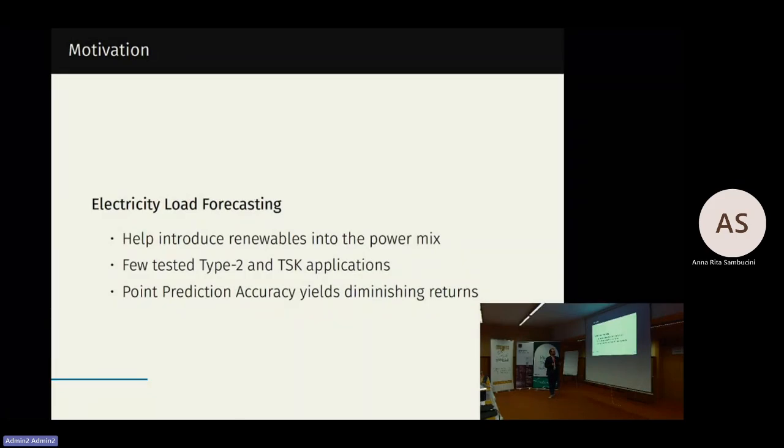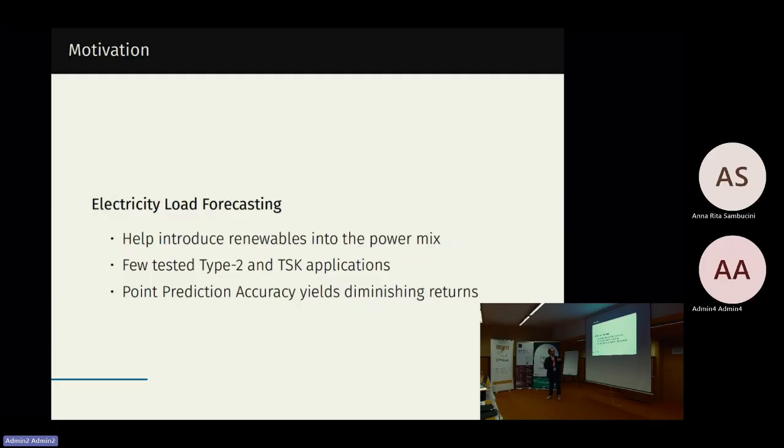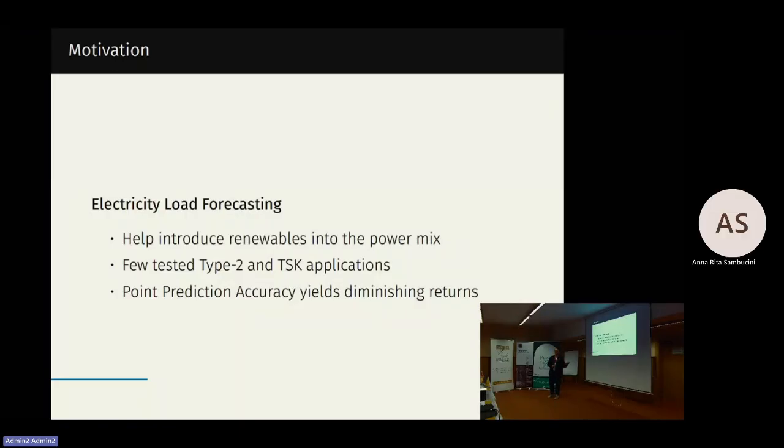We have seen that there are currently few applications of fuzzy data and TSK. So we thought it would be a good idea to explore the possibilities of this. And we want to go a little bit away from the pure point prediction accuracy paradigm because it yields diminishing returns based on the complexity that we invest.